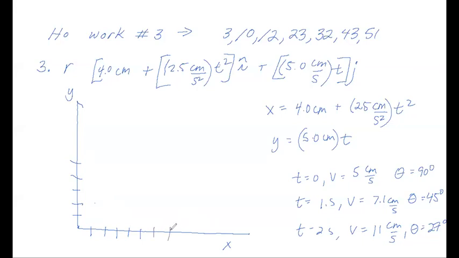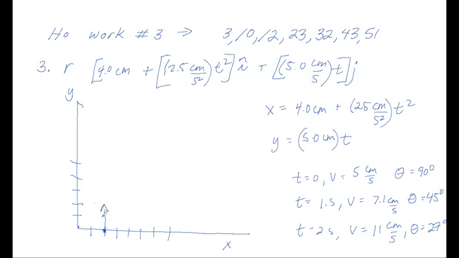At t equals 0, x is going to be 4 and y is going to be 0 right here, and our velocity is going to have an angle of 90 degrees and a value of 5 centimeters per second. So it's going to be looking like that.